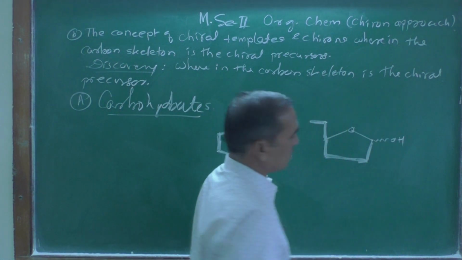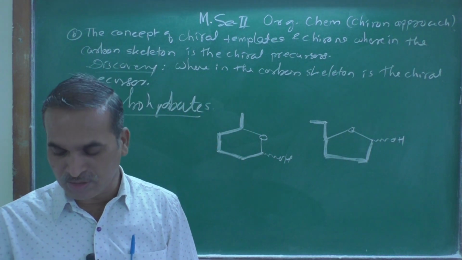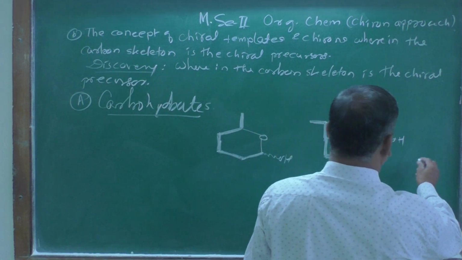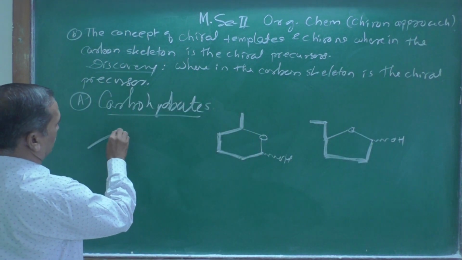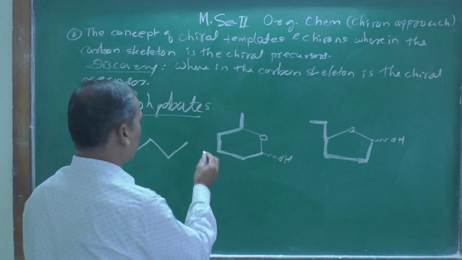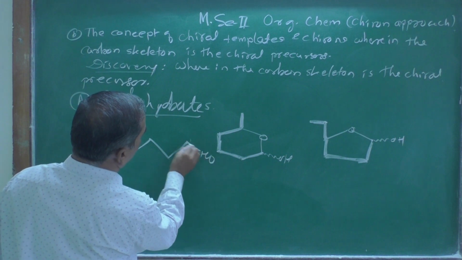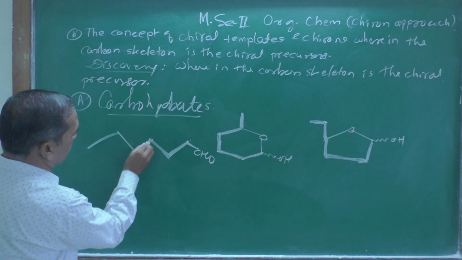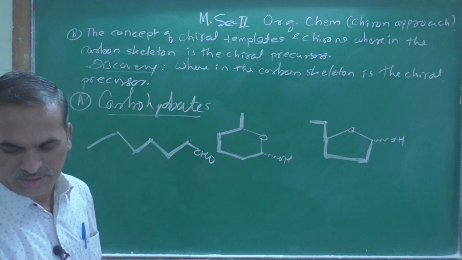Again, the OH geometry is not fixed, whether it is above the plane or below the plane, we don't know. That's why it is shown like this. Another may be an acyclic compound where we get CHO. This is the skeleton of this carbohydrate.